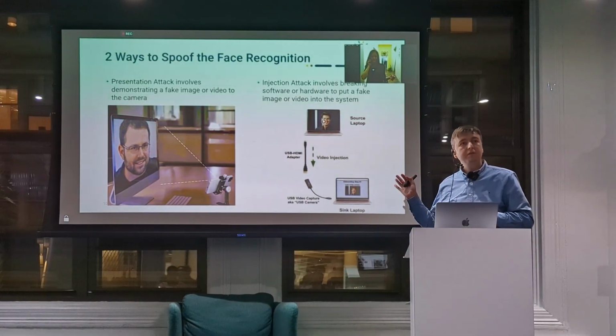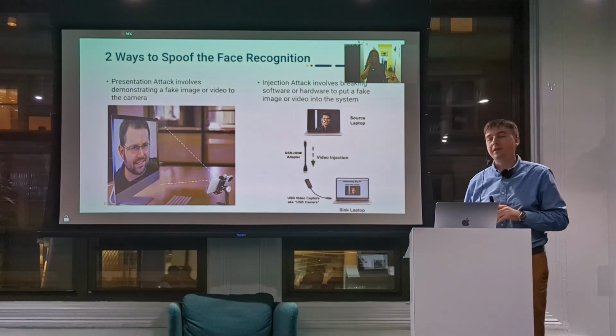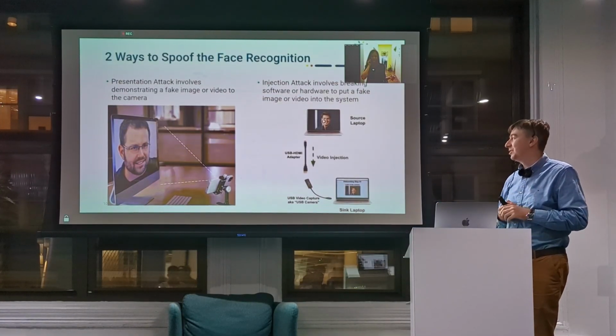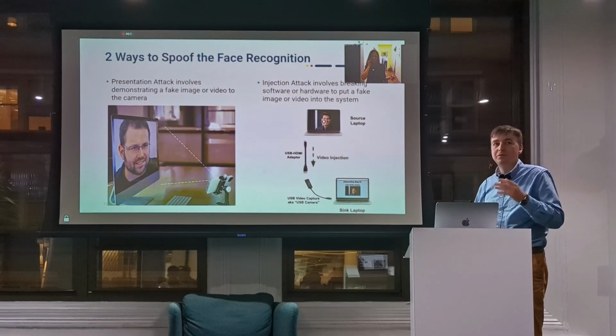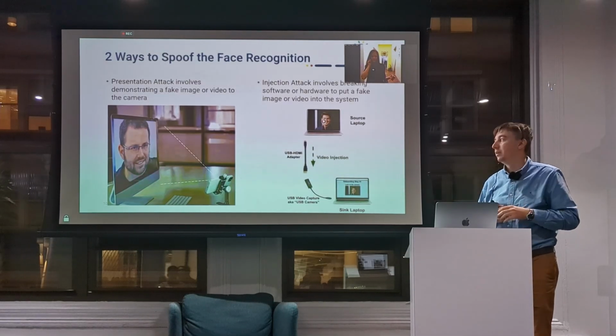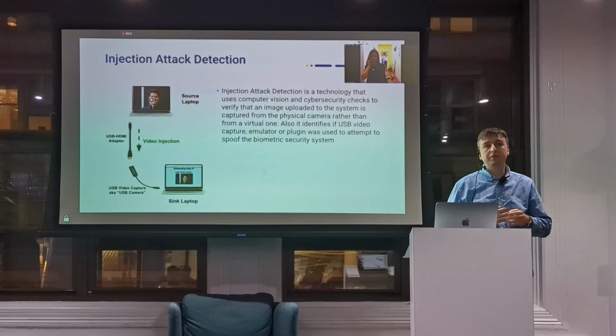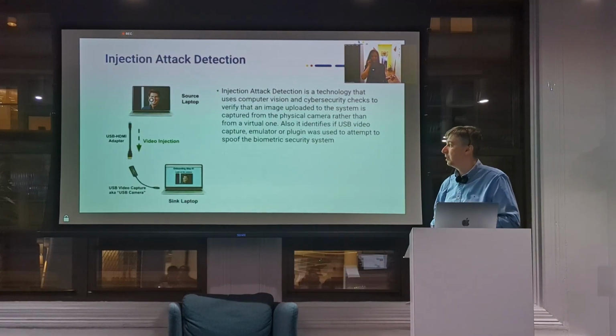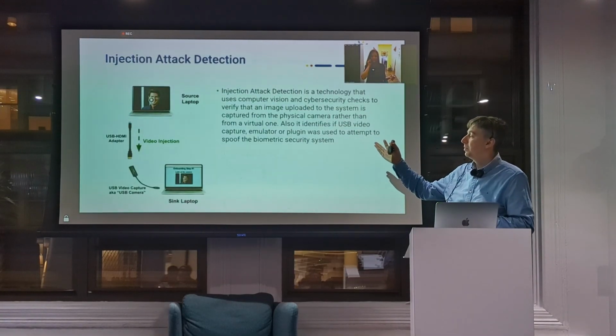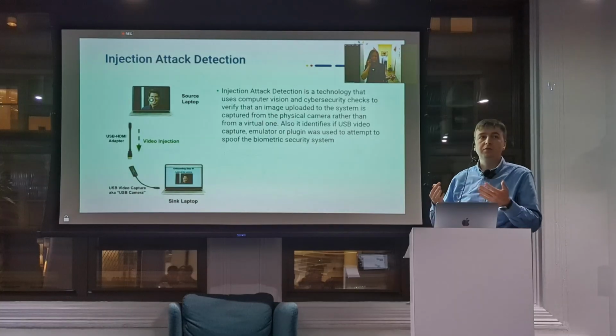On the right side, there is a more complicated thing, and I need to share this secret as well. If you have two laptops, MacBooks for example, then there is a way you can spoof the other laptop. The source laptop has an image on a screen.